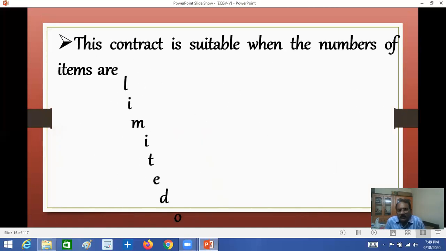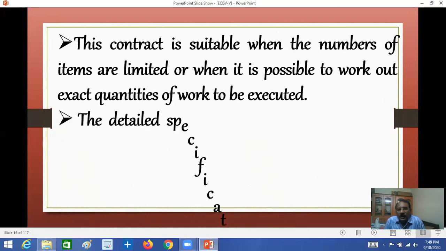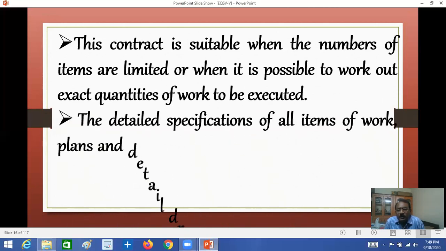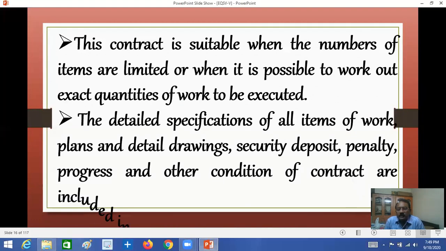This contract is suitable when the number of items is limited and when it is possible to work out exact quantities of work to be executed.